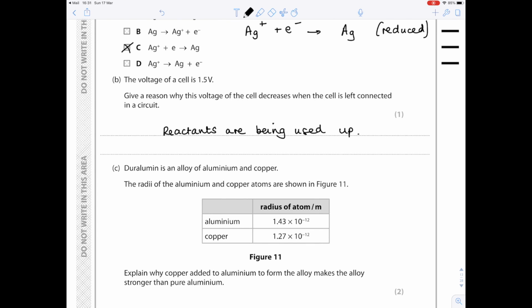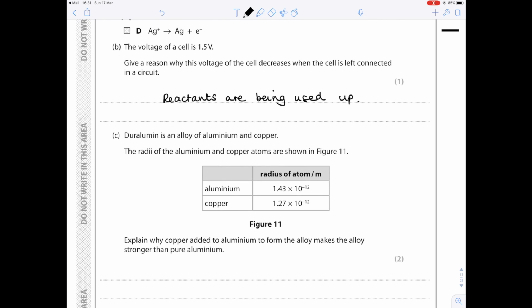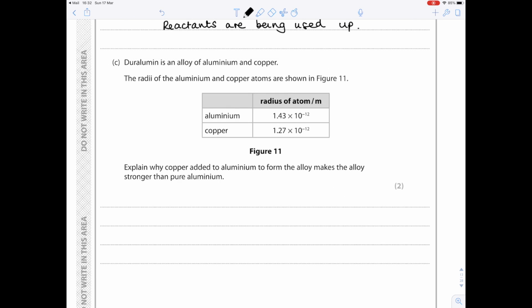Duralumin is an alloy of aluminium and copper. The radii of the aluminium and copper atoms are shown in figure 11, so we can see here that copper is smaller than aluminium. Explain why copper added to aluminium to form the alloy makes the alloy stronger than pure aluminium. So first of all, state what you can see from the table, which is that the aluminium and copper atoms have different sizes.